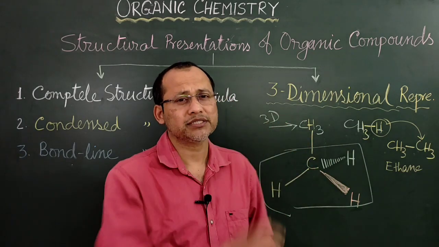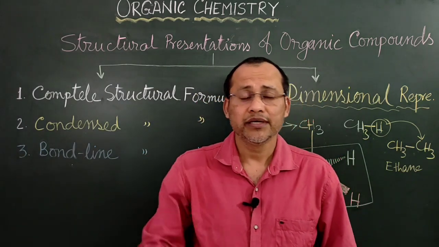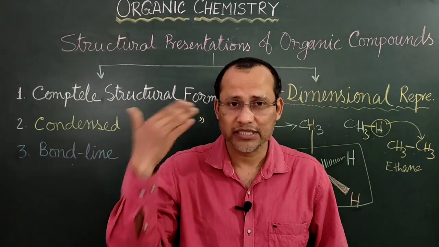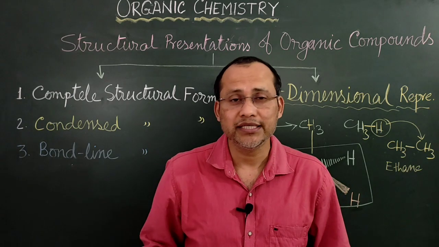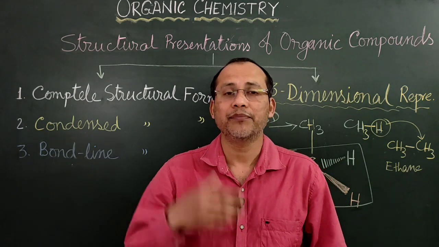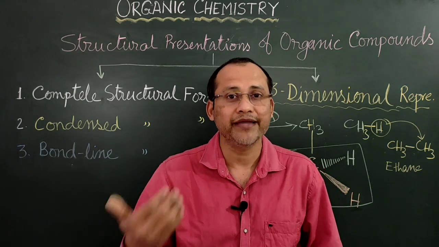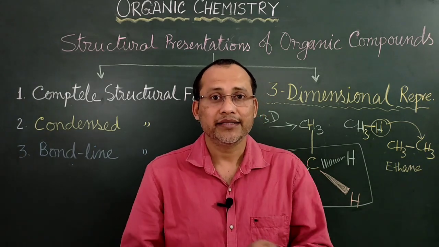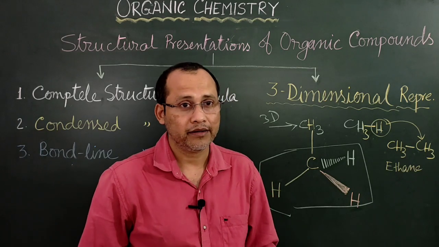Now this was very important, because if you are asked to draw any compound in 3D manner, or if any 3D structure is given to you and you have to identify, you have to explain how this happens or what they indicate, then you have to know this one.